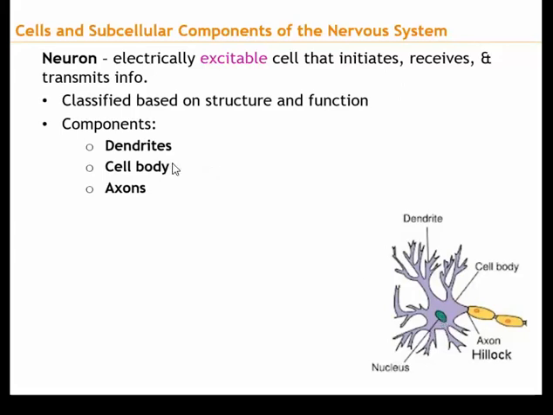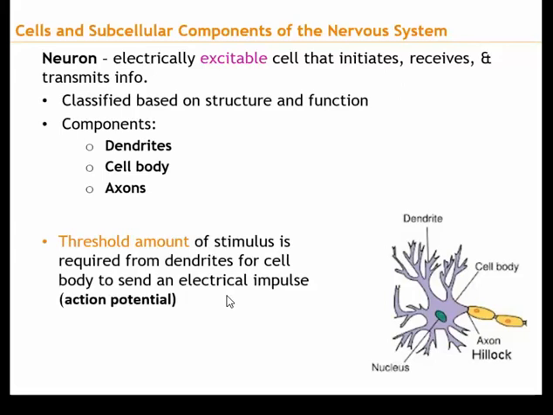So it contains the nuclei with the cell's genetic information, like the DNA and RNA. And this is where the signal is processed. And then the axon is the long tail-like structure that sends the impulse from one cell to the next, or from a target tissue or target cell to another neuron.